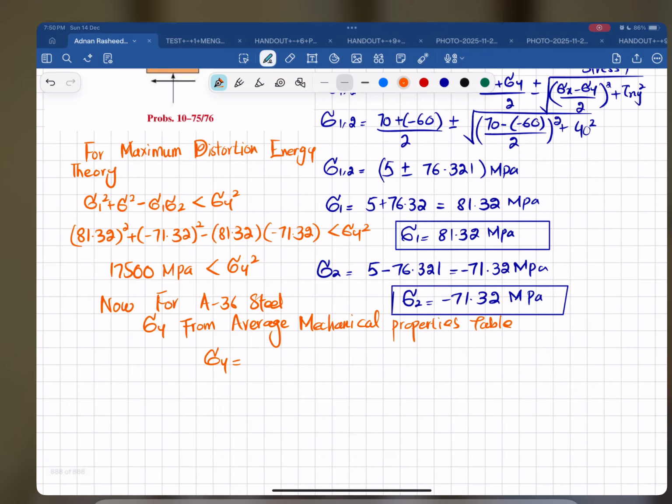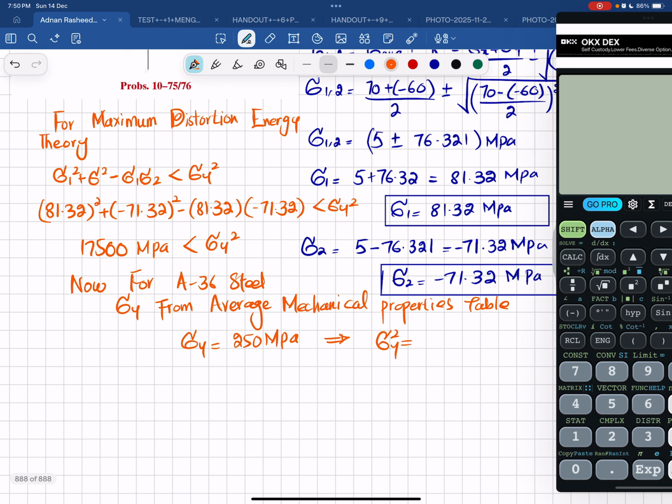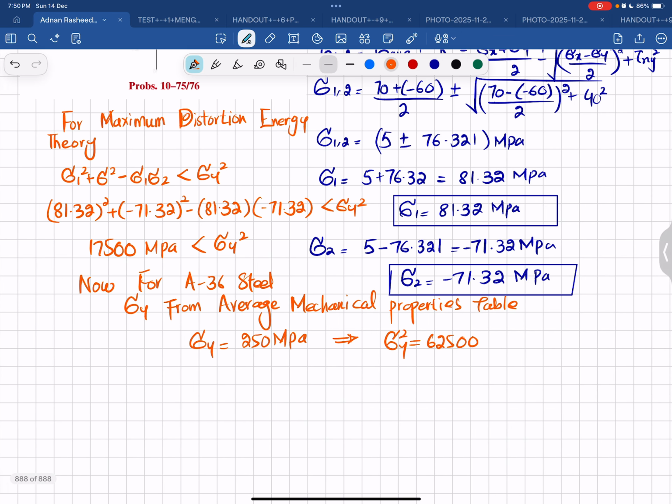So sigma y is 250 megapascal. If I want to find sigma y square, 250 square will give you 62,500. I have to remove the unit because it will be squared.